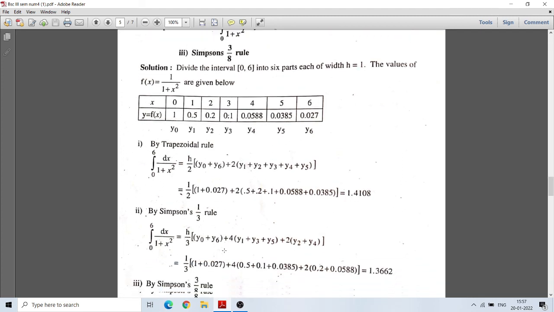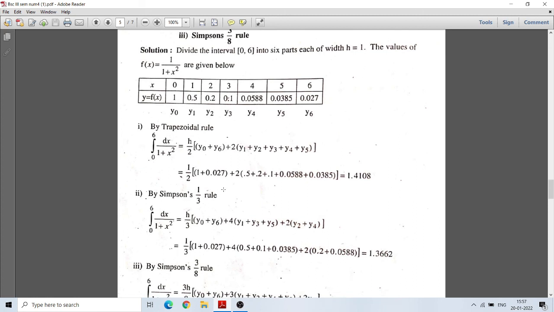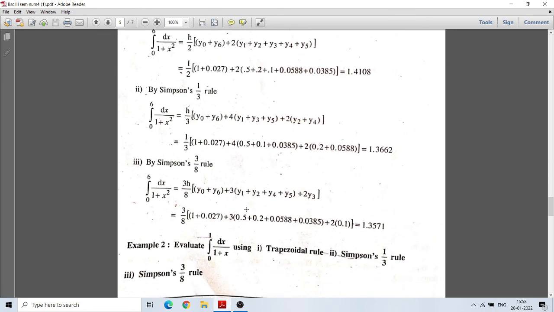And Simpson one-third rule, we are using the same values, integral 0 to 6 dx by 1 plus x square, h by 3. This is the formula. Again in this formula, substitute the values of y0 to y6. Then 1 by 3, y0 value is 1, y6 value is 0.07, 4 as it is, y1, y3, y5 substitute values, 2 times of y2 plus y4, substitute the values, simplify it. Then Simpson 3/8 rule also uses the same values, and simplify.